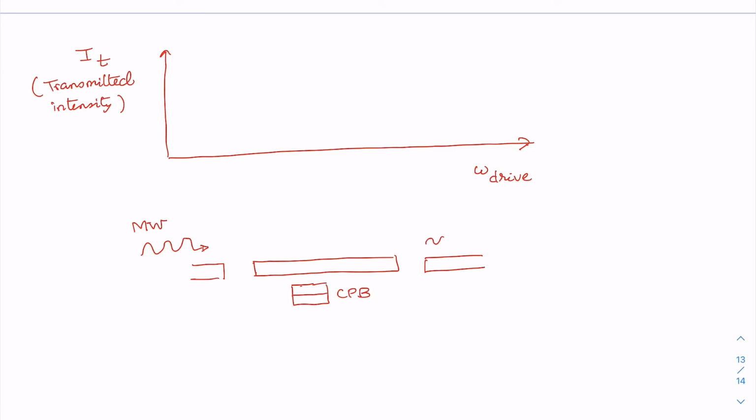Then a part of the microwave is getting transmitted, and a part of it is getting, say, reflected. So this is the scheme.